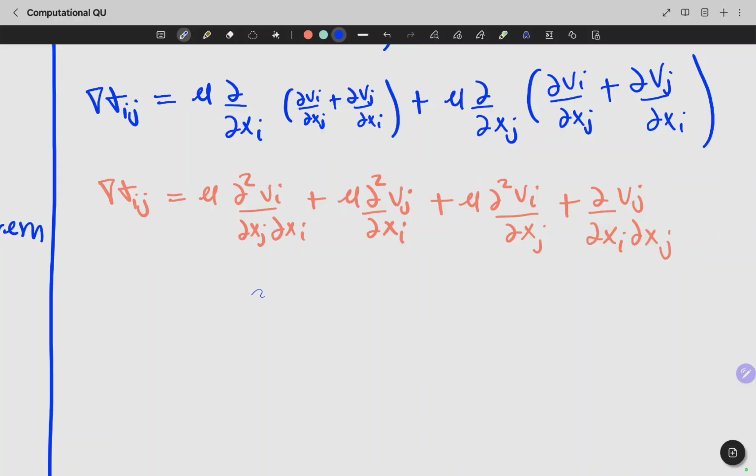And if you look at this one, because we have dxi of vi, it is like taking the divergence of v.